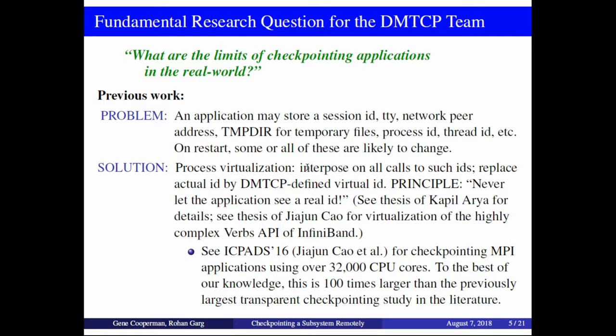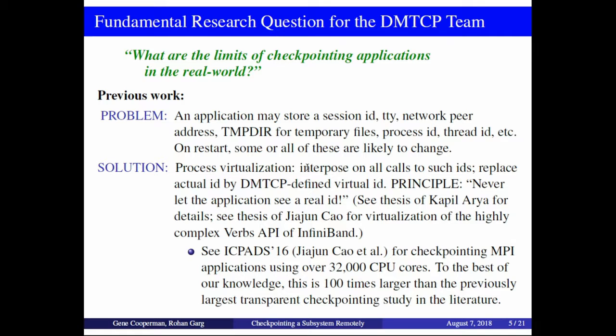The first thing you see when you try to extend to the real world is that the real world has all of these ugly little IDs that are expected to be persistent. The real world does not expect that it will be suspended or killed and then restarted later. The real world will not take kindly if you ask it, please use the original IDs from the previous real world.